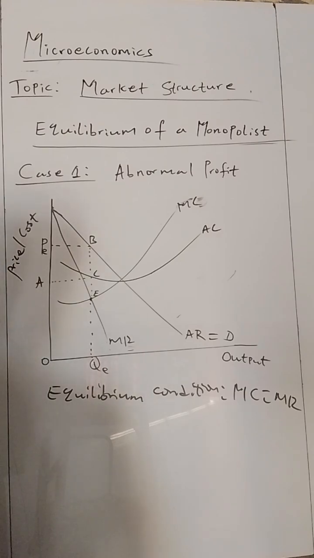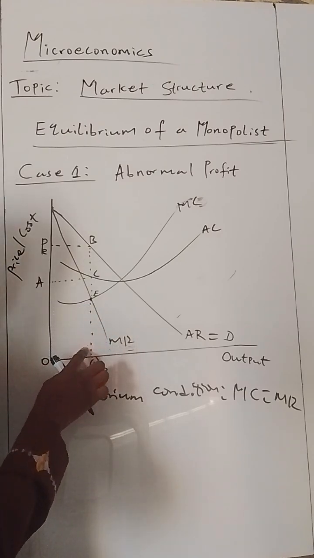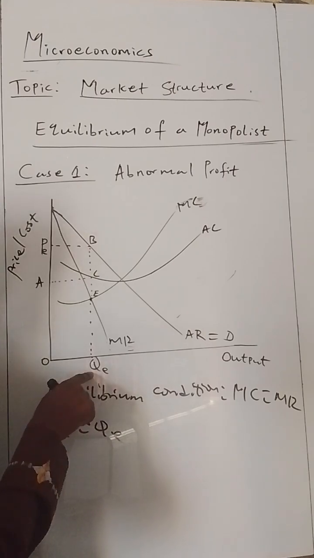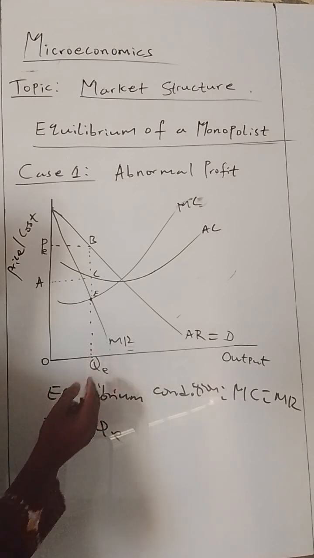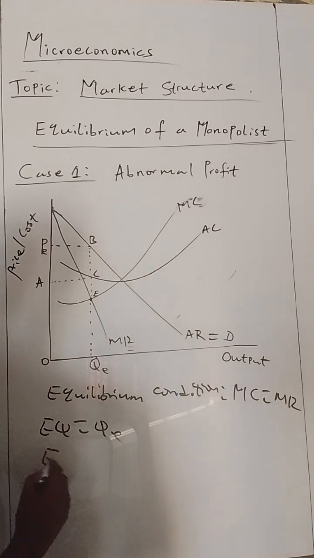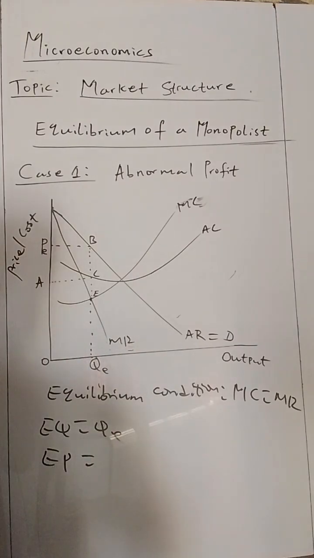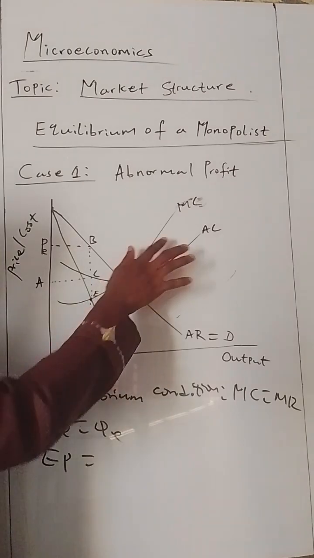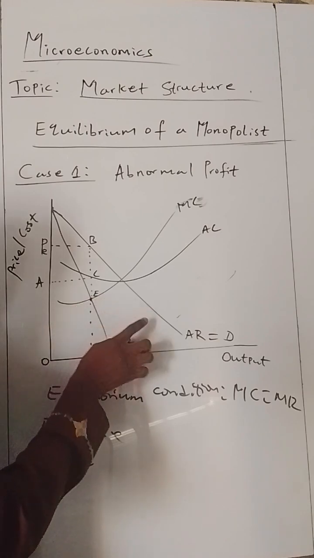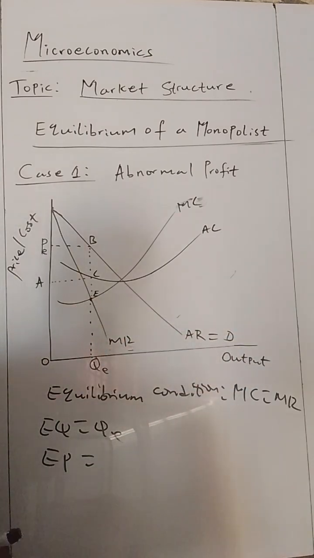If I want to determine the equilibrium output, I will just trace it down. When I trace it down, my equilibrium output Q is equal to QE, because that's the unit of output I can locate at that particular point. How will I determine the equilibrium price from here? This is the price axis. But the curve where MC meets MR is not the average revenue curve. That is not the demand curve. We can only locate the price on the demand curve.